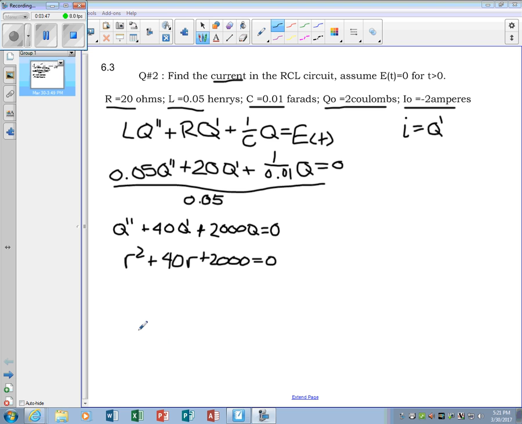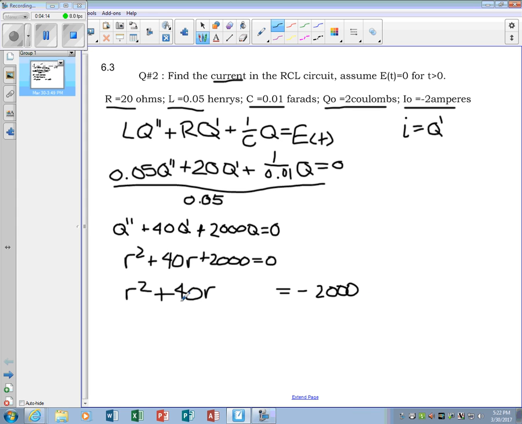Next we're going to have to complete the square because this doesn't really factor pretty. So we've got r squared plus 40r, leave some space, equals negative 2,000.